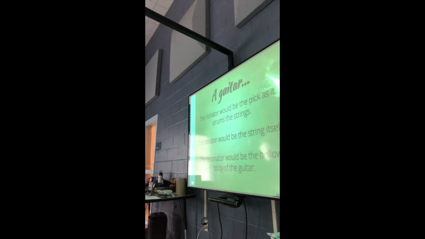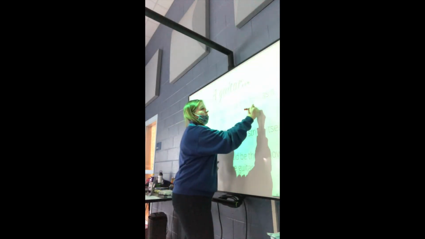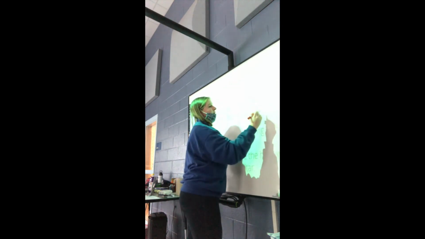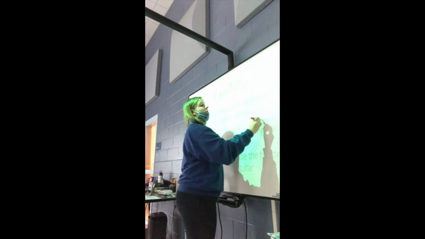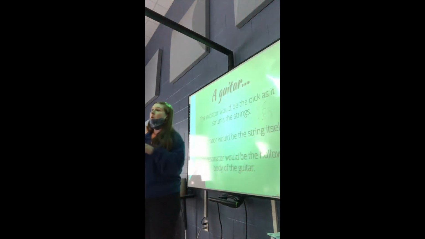Because that strikes the string. So then what actually vibrates? The string itself. So the resonator would be the body. A guitar is shaped kind of like that, and it's got a hole in the middle. So all that sound just bounces around inside the body and comes out of the hole of the guitar.